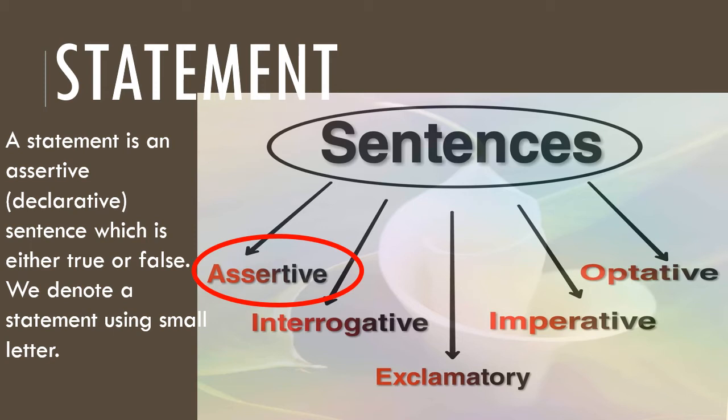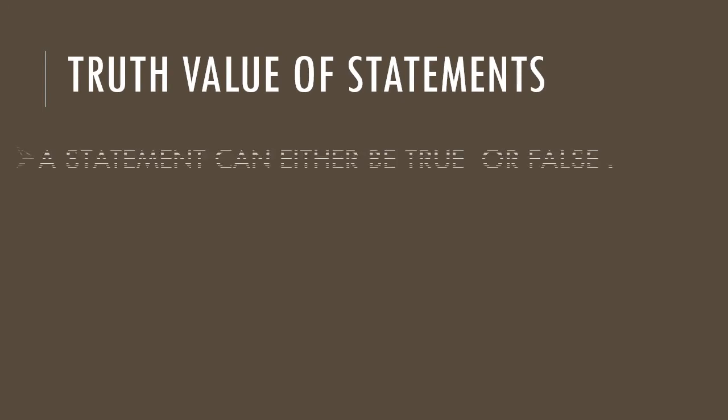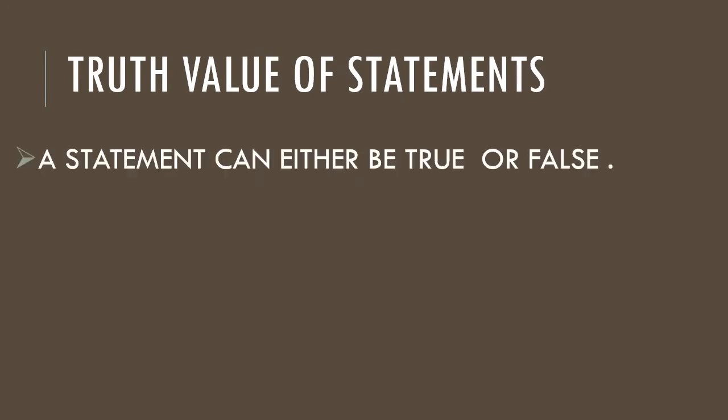Now, after knowing what a statement is, next, as I said, what we are concerned with is the truth value of statements. From the definition we know a statement can either be true or false. It cannot be both.